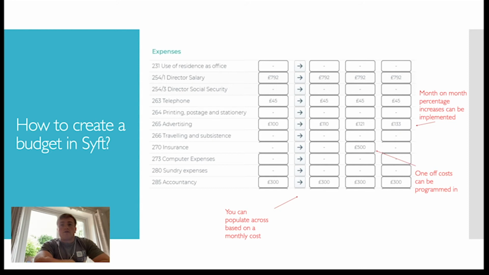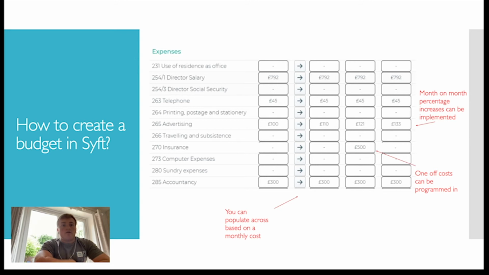So another option that you have is to populate based on a percentage increase on the first month's value. It will then increase by the same percentage month on month, as we can see in the advertising section that we put in here. And the final option will be to increase based on a percentage increase on the existing month's value.